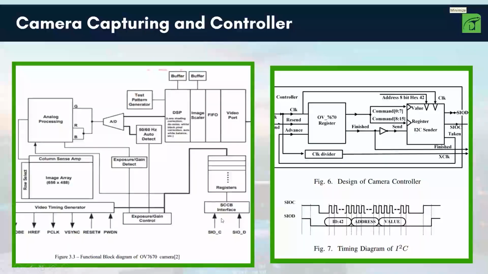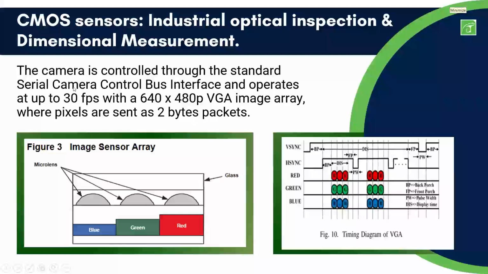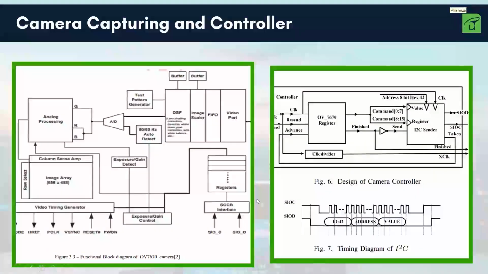This is the SCCB interface, what I have called the Serial Camera Control Bus. Based on this serial camera control bus, we have to configure your I2C settings. Based on your I2C settings for clock and data, the register mappings are stored in this register array.